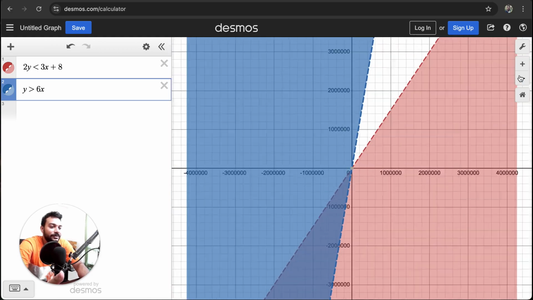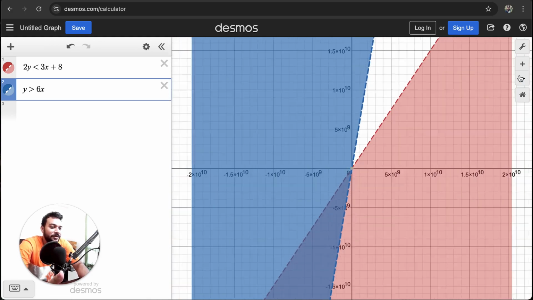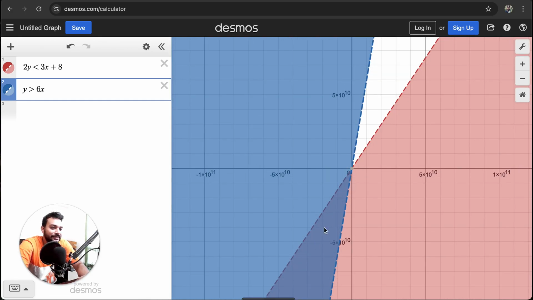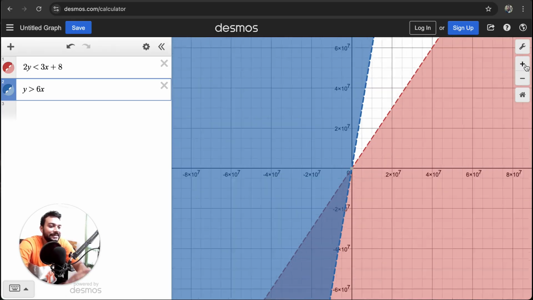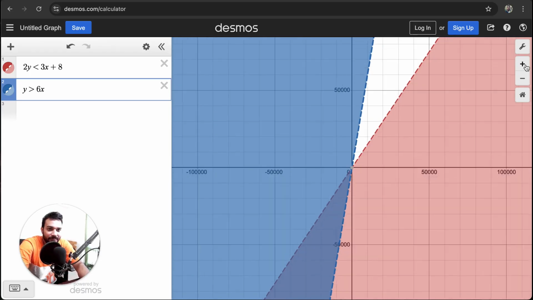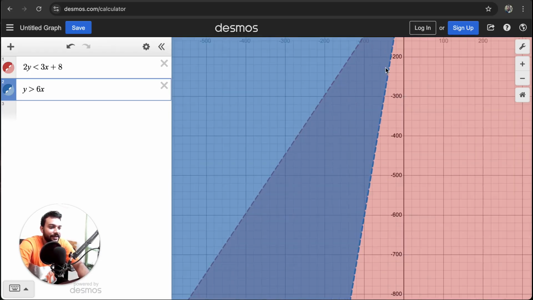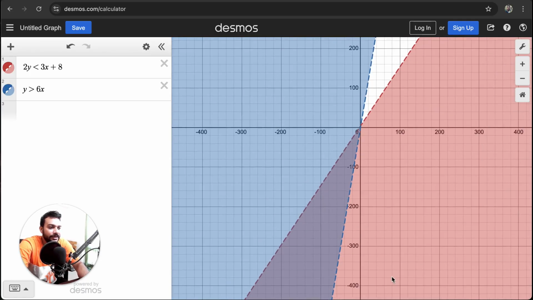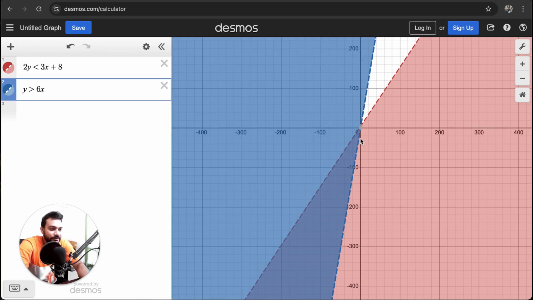Keep zooming out. Even up till billions, this area still satisfies. So for all x less than the intersection point this is the case. Okay, and we can also see the solution manually as well. So 0.889 and 2y less than 3x plus 8, this gives us, let's check this.